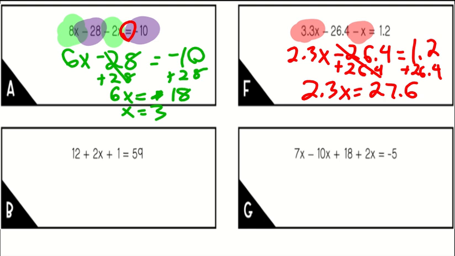I divide both sides by 2.3. And I would get x equals 12. Everybody see how it works. Combine like terms, then you start doing opposite. Y'all do B and G.